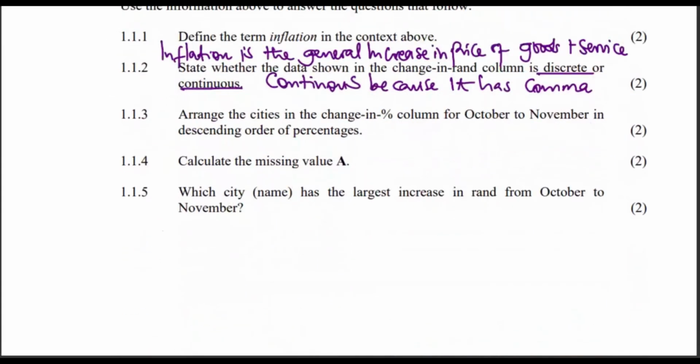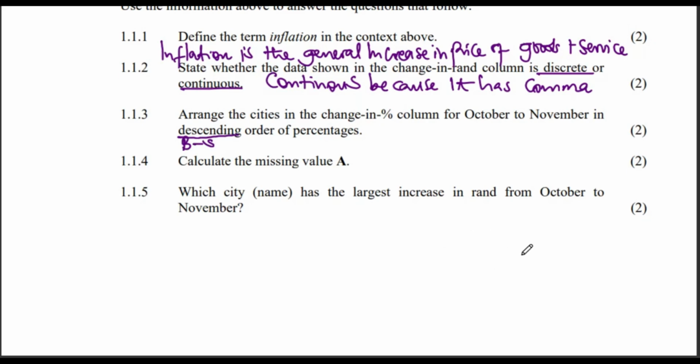Arrange the cities in the change in percentage column for October to November in descending order. Descending order means we arrange them from big to small. So we start with the biggest and come to the smallest.